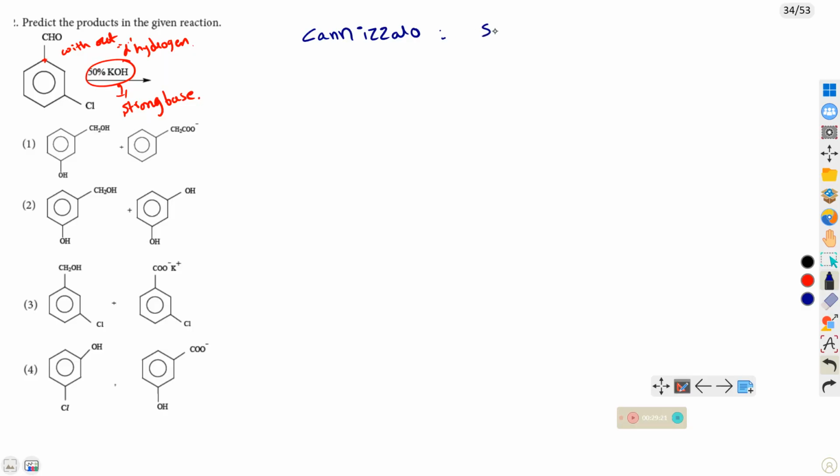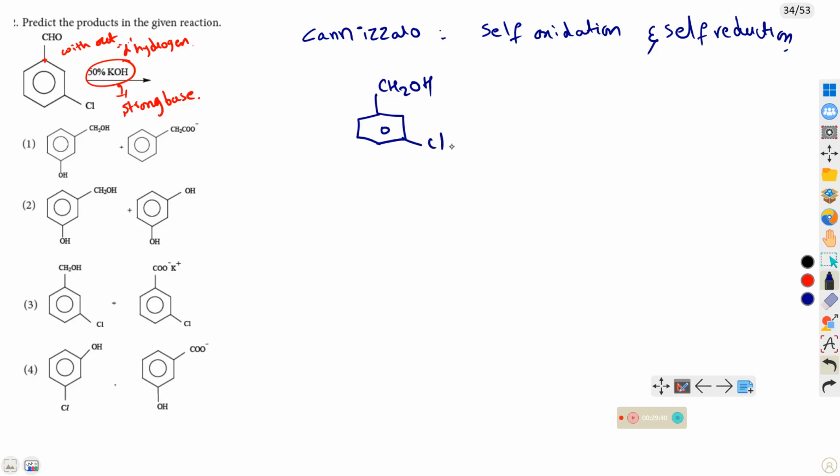In the Cannizzaro reaction, self-oxidation and self-reduction take place. The self-reduction product is CH2OH; the aldehyde group is converted to alcohol. The self-oxidation product is the salt of carboxylic acid. Based on that, the third option is the correct option.